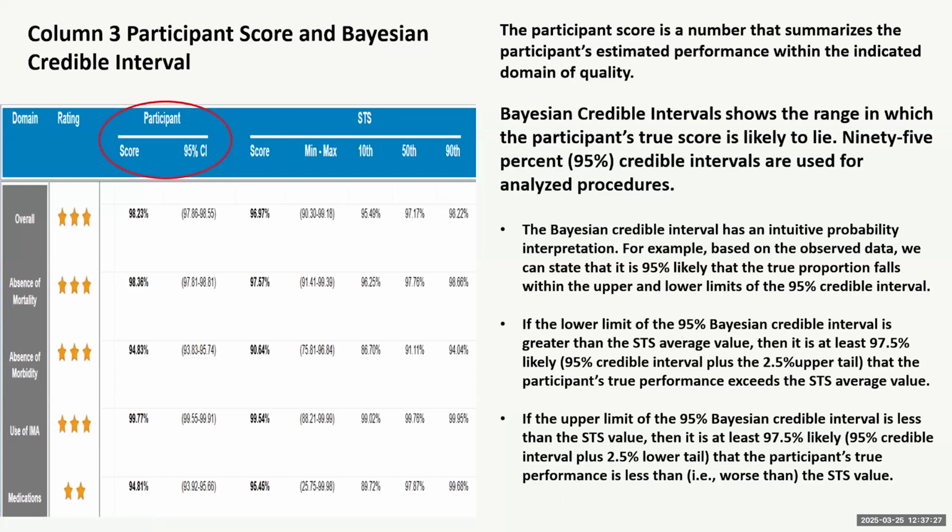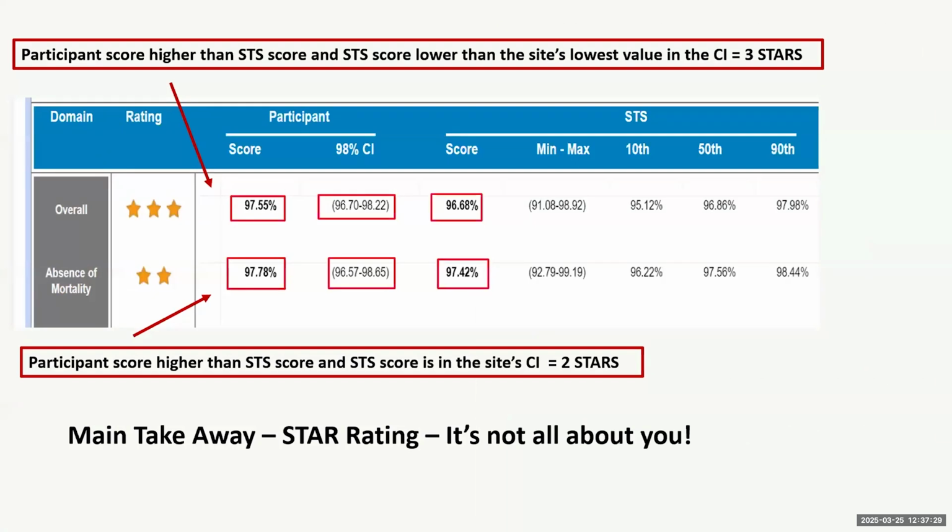So let's see what that means. Here's an example. Here's your score up here at the top, the first one, 97.55. You look at your credible interval, and it's 96.7 to 98.2. Now you look at the STS score, 96.68.